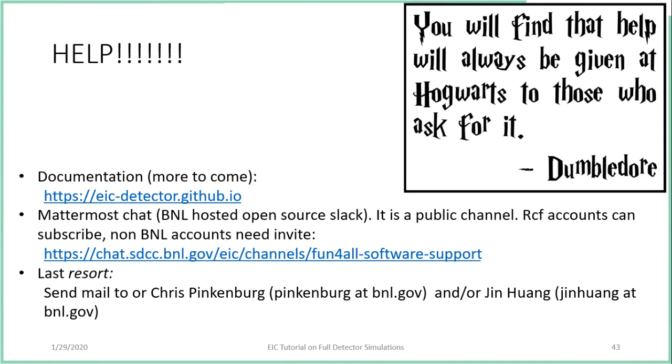That's basically an open source Slack. It's a public channel. RCF accounts can subscribe without any permission. Non-BNL accounts would need an invite. So you basically have to send us a mail, and we'll send you an invite, and you can access that. The advantage over Slack is that we preserve the history.